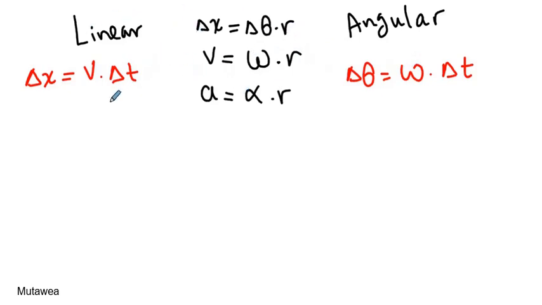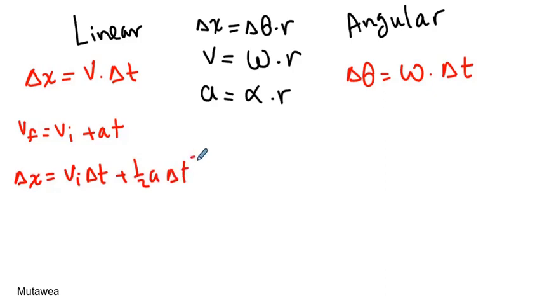But what if the object is moving with an acceleration? In this case, let's remember the linear equations we talked about for an object that's moving with constant acceleration in a straight line. v final equals v initial plus a t. Delta x equals v initial delta t plus half a delta t squared. v final squared equals v initial squared plus 2a delta x. We'll do the same here in angular.